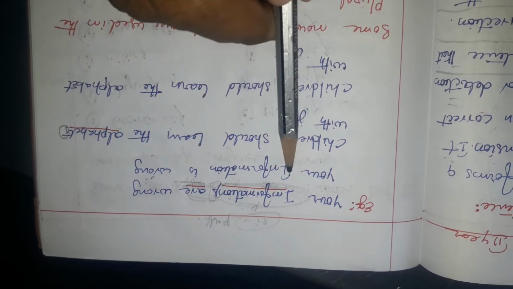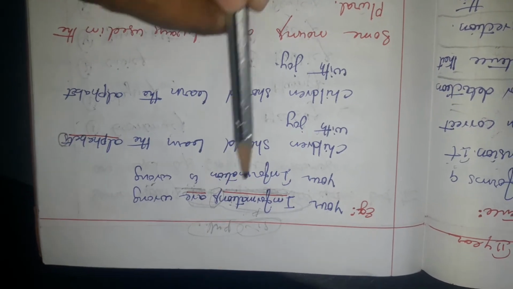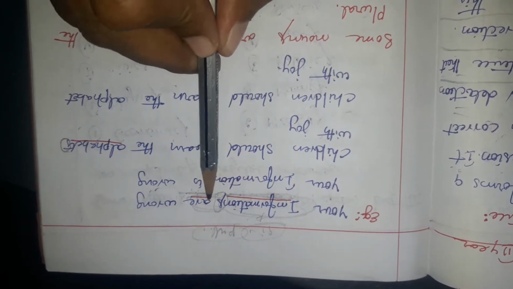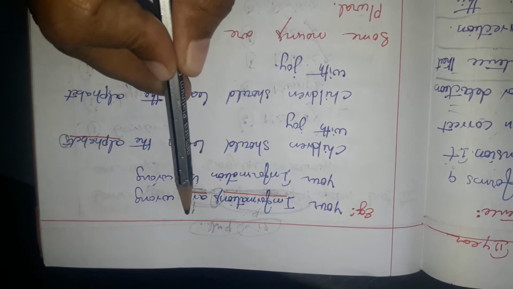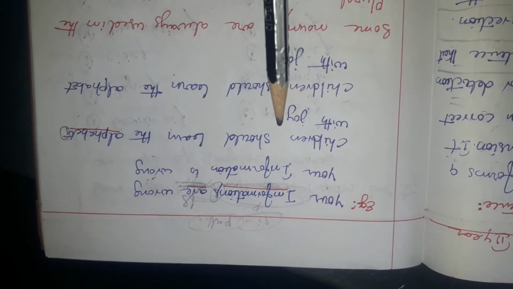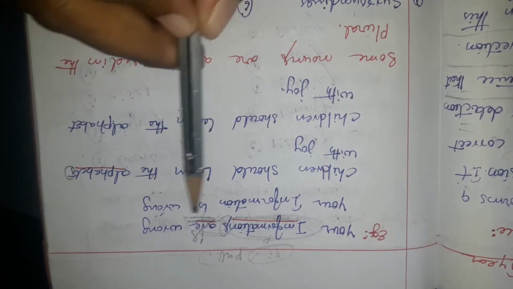It is always used in singular. So when we write information, the verb is automatically corrected, and are is changed into is. Your information is wrong.